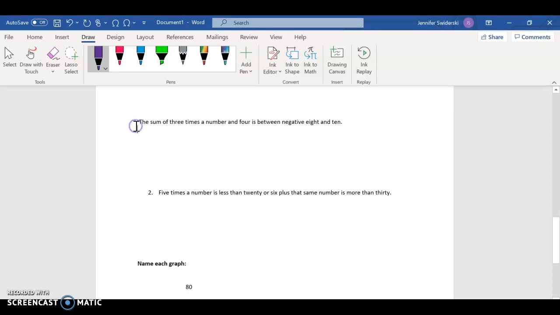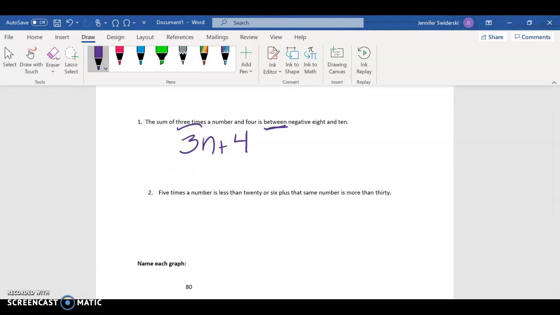It says the sum, we know that's an answer to an addition problem, of 3 times a number and 4. So I'm just going to say 3n plus 4 is between negative 8 and 10. Remember, we've talked about between. We know one's going to be negative 8 and the other is going to be 10.